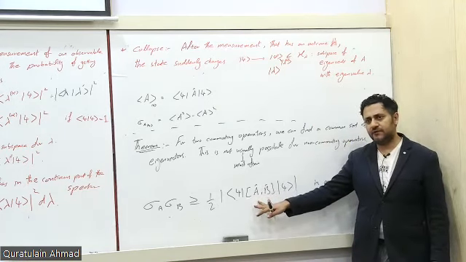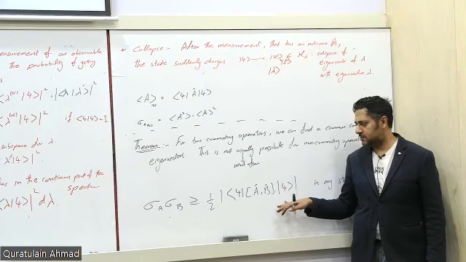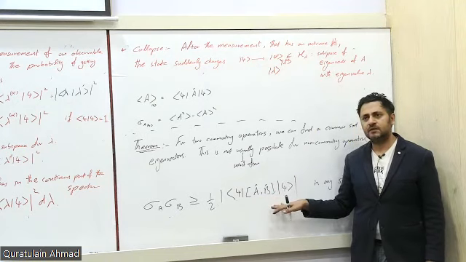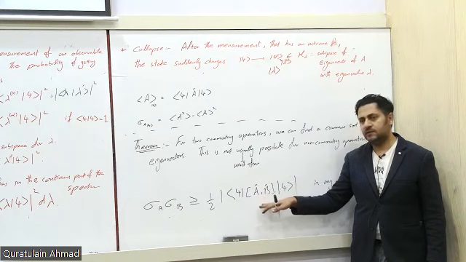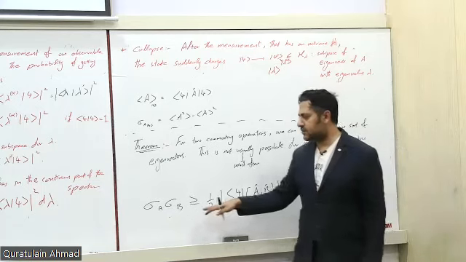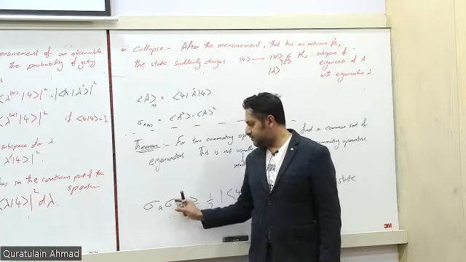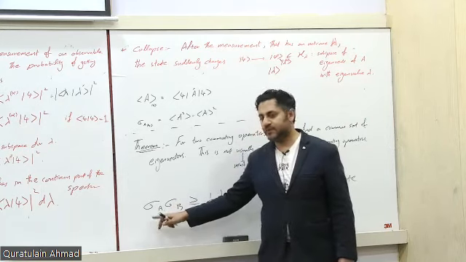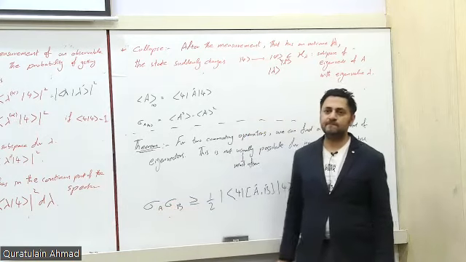You want to know that if I'm in state psi, what's the variance in A and what's the variance in B? You take the product of those. It would be this. And since in general, if the two operators are non-commuting, then this number will always be non-zero. So that means you cannot bring both variances to zero. If you reduce this, this has to go up, because the product has to be more than this. If you reduce that, this has to go up.